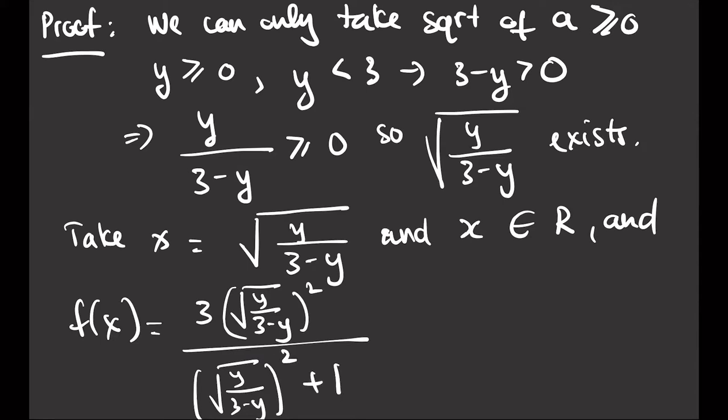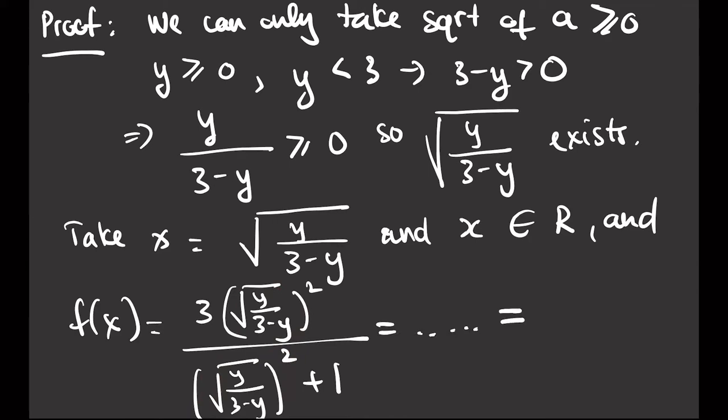In this step, you just expand the square out, so you get rid of these square roots, only the numbers remain. And then after a bunch of computation, you will get this equal to y.